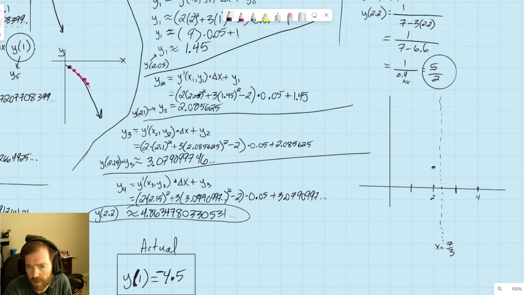And then we wanted this to approximate what values we were going to get. So this is like 0.15 out here.